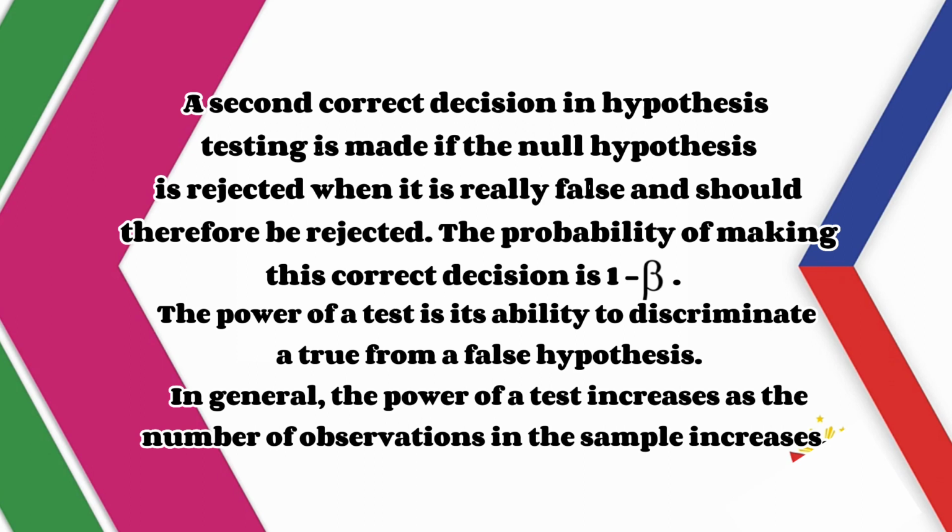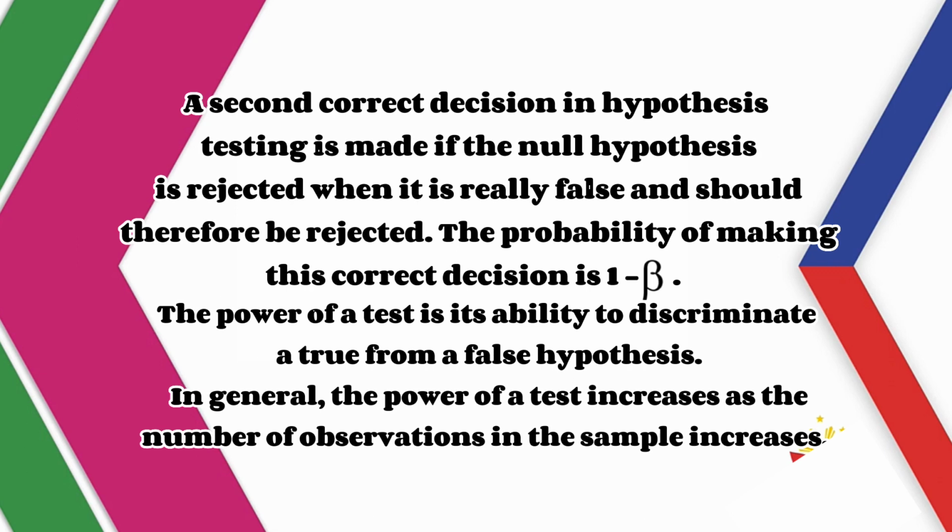A second correct decision in hypothesis testing is made if the null hypothesis is rejected when it is really false and should therefore be rejected. The probability of making this correct decision is 1 minus beta.